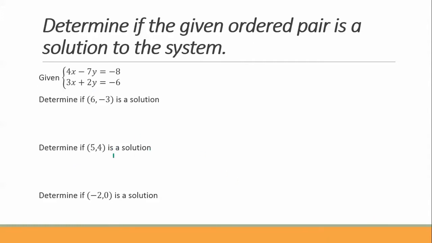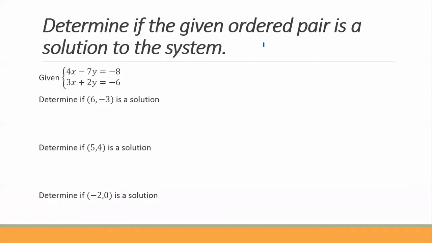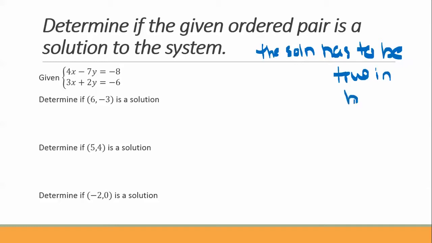Now we're going to find out if something's a solution to a system of equations. To be a solution to a system, the solution has to be true in both equations. So let's try 6 and negative 3. So we're going to put 6 and negative 3 in the first equation, and then we're going to put 6 and negative 3 in the second equation.